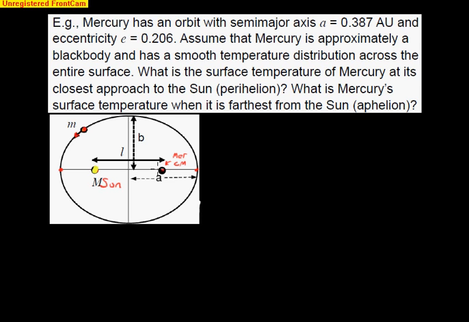The Sun's center of mass doesn't really move very much. It moves a tiny little bit, we're talking about a few meters. But the center of mass is way outside of Mercury's actual size and body.